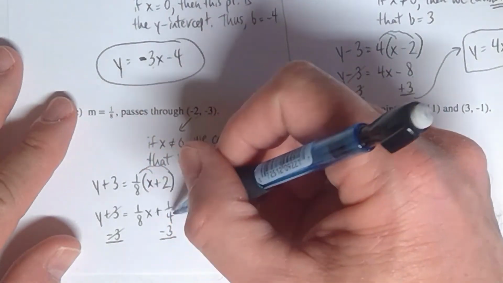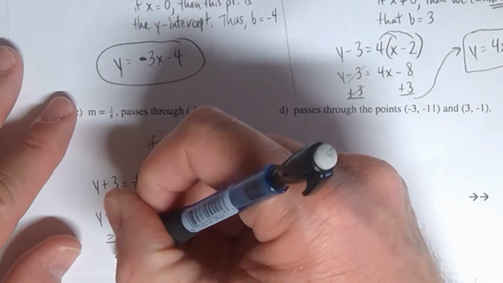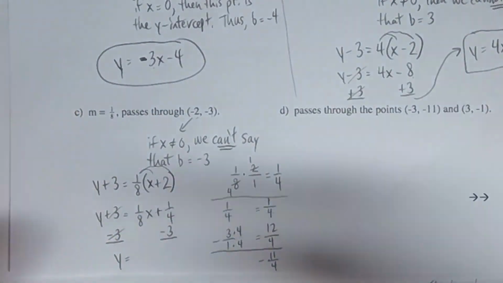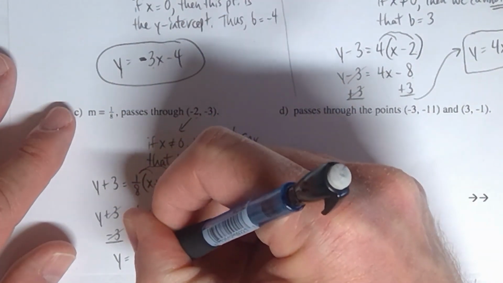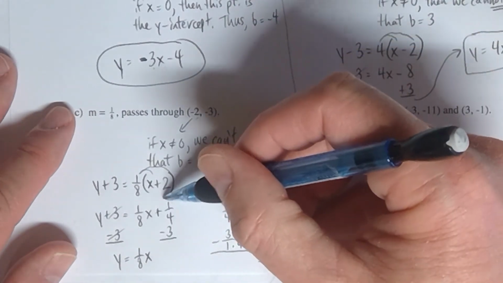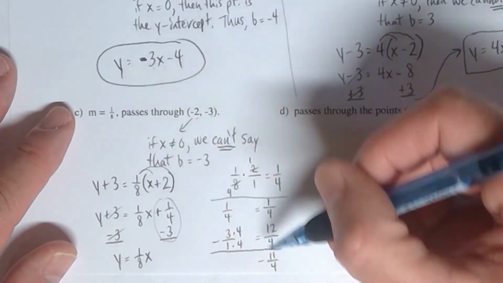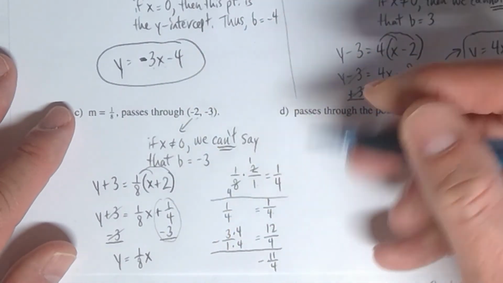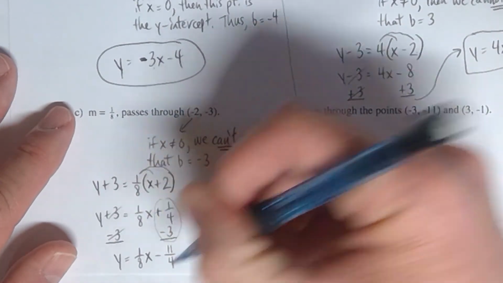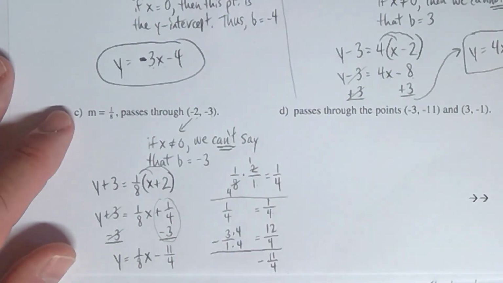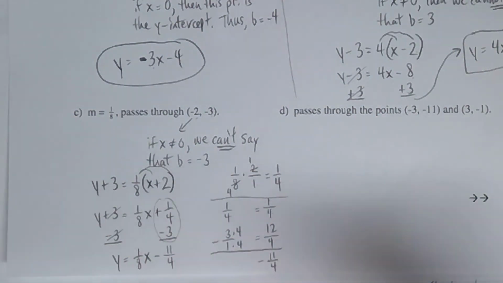And when you combine like terms, remember that you've got to have pluses or minuses in between your answers. Now the 1/8 x doesn't combine with anything, but because these two numbers combine together to be a negative answer, -11/4, we've got to say -11/4. If it had been positive 11/4, then you'd say plus. Just like you always would when you combine like terms.